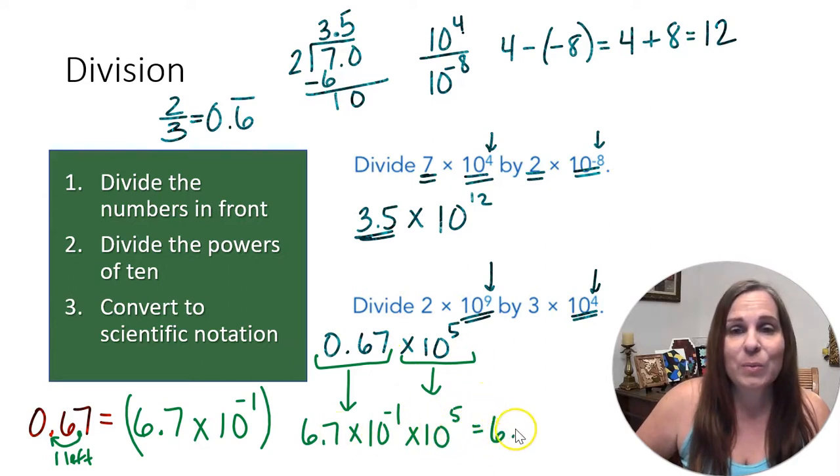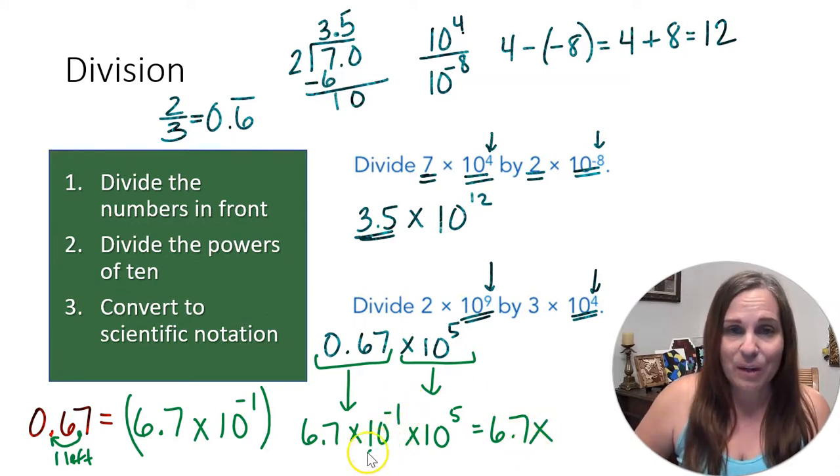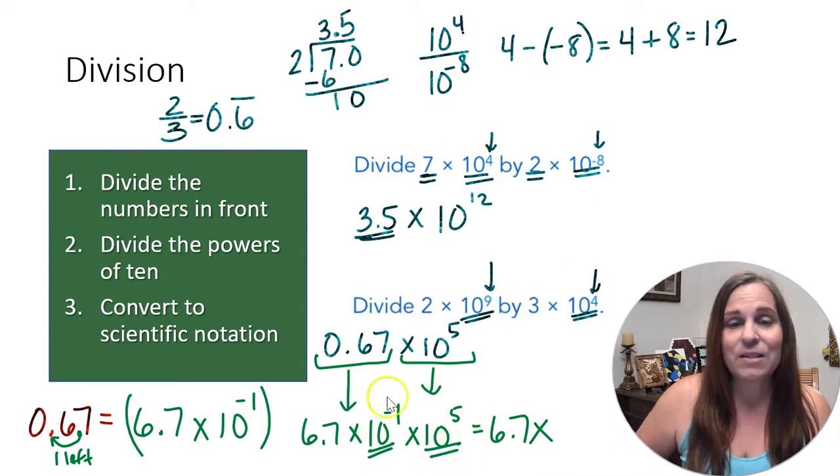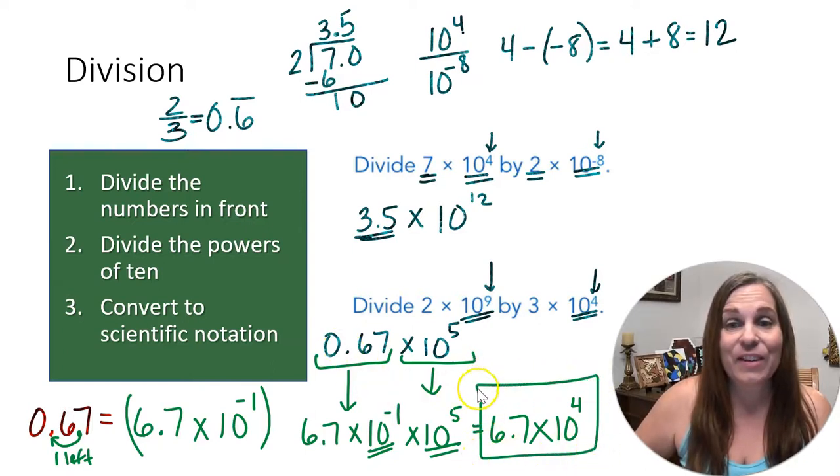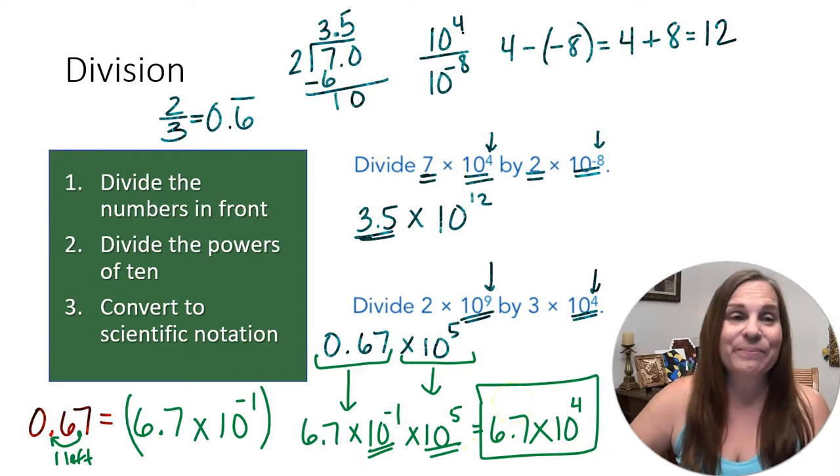So 6.7 times, and I'm going to add, right? I'm multiplying with the same base, so I add the exponents, 10 to the 4th. -1 plus 5 is 4. And that is my final answer for that one.